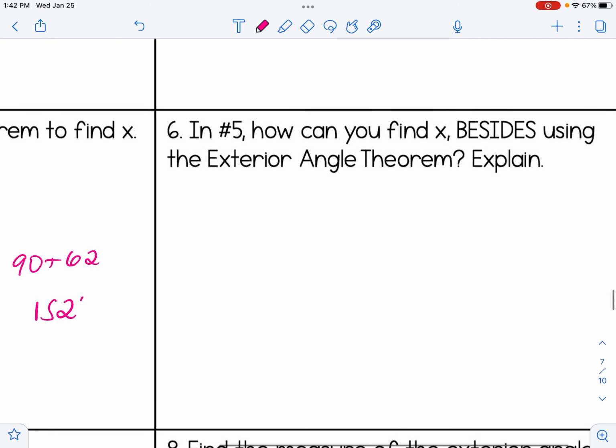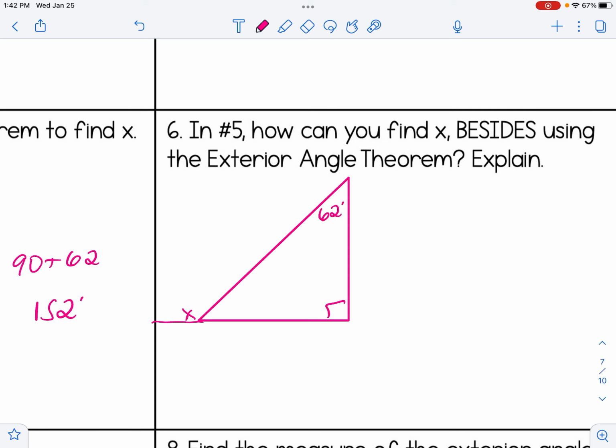So I'm just going to recreate this picture very quickly. We're looking for x. And I see that I'm basically working with a triangle. If I just ignore the exterior angle for a second, I can figure out that the missing angle in the triangle is going to be 28 degrees because we know that in a triangle, the interior angle sum is 180.